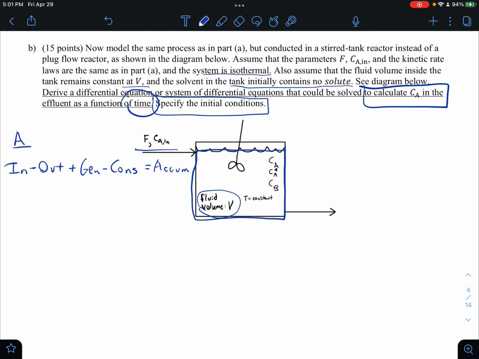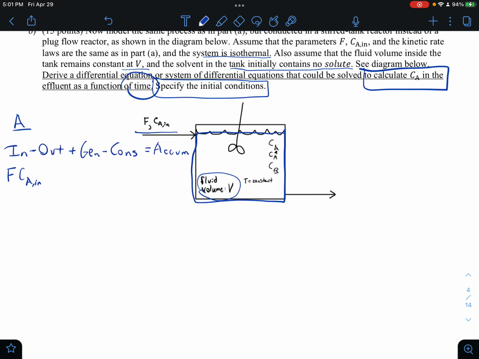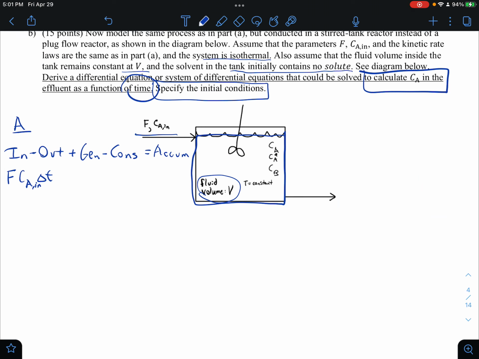The rate of input of A refers to the flow in your input stream, so it's going to be F CA in times delta T.